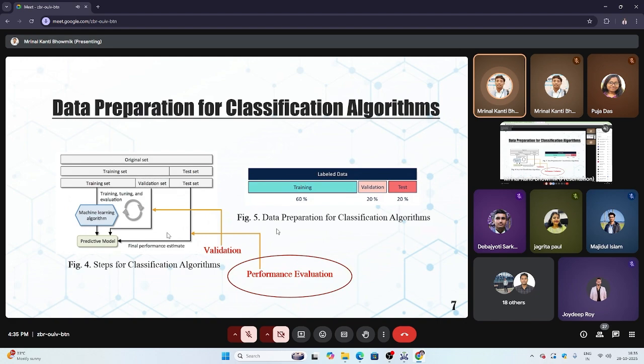After the model is completely built, we perform the measurement on the completely unknown set, which is known as the test set. Whatever we do with the training and validation set is known as validation, and whatever we do with the testing set after the final build of the model is known as performance evaluation. The standard method is to divide the whole data set in a 4:1 ratio, that is 80:20, and after that the training set is further divided in a 60:20 ratio for performance evaluation.